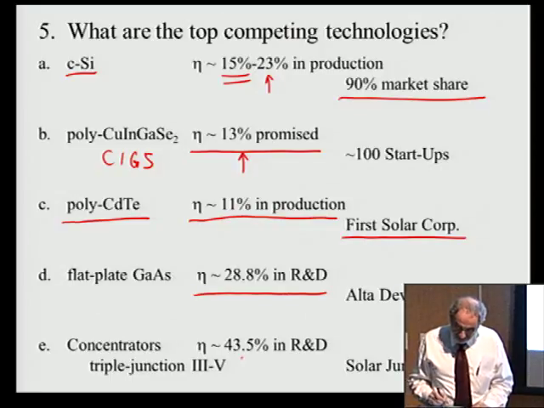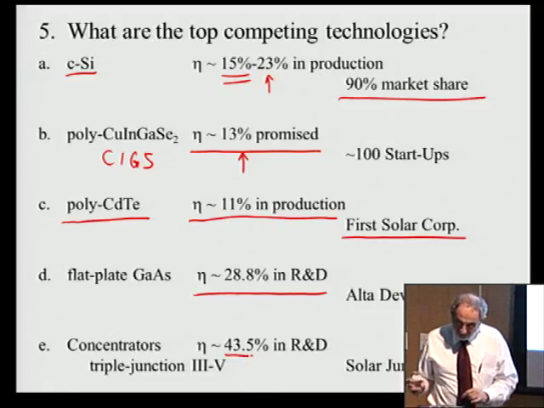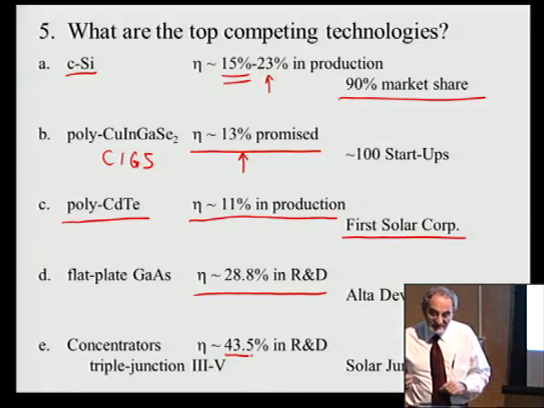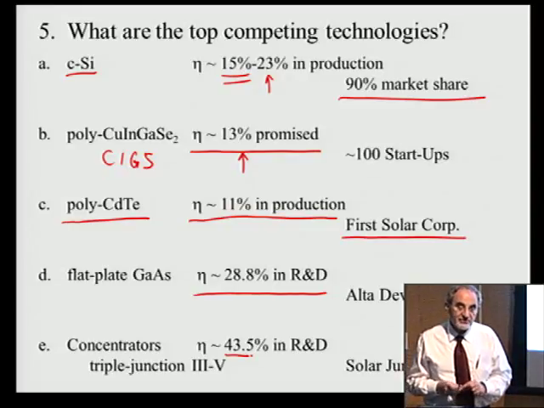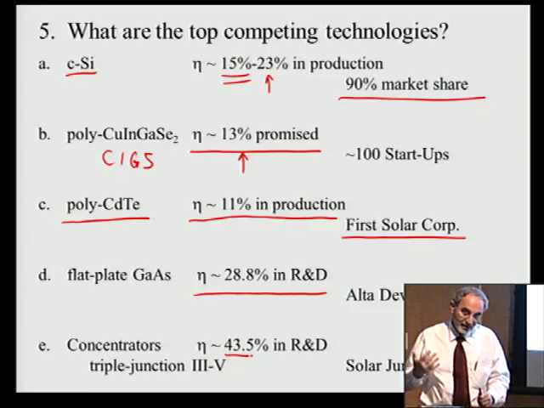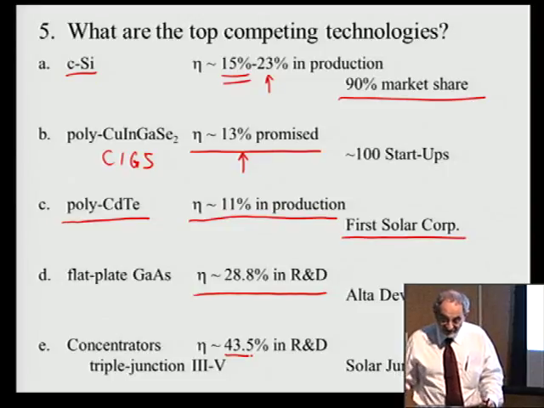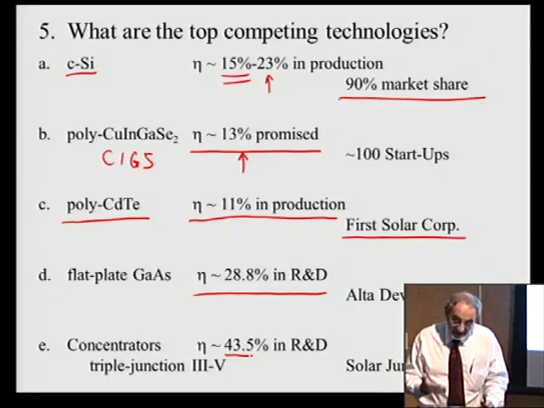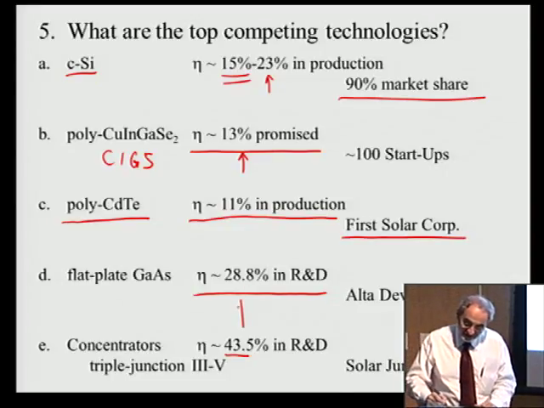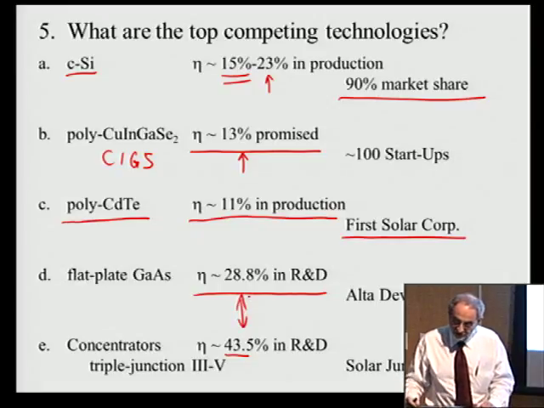And then you have concentrators that look very good, higher efficiency, above 40%, but that 40% only applies to the direct rays of the sun. If you multiply by 0.7 to allow for the fact that only 70% of the sun's rays are direct, it ends up, it's pretty similar efficiency to the flat plate I showed you. So that's the status of the industry.